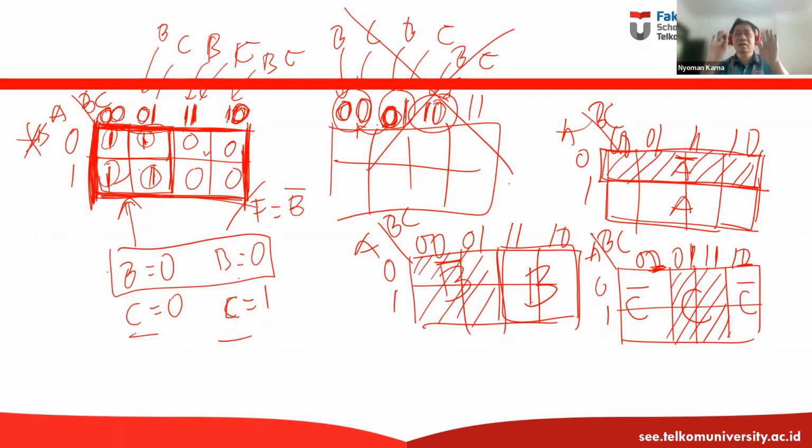So think of it like a globe. So that's why this part or this side is actually the same as this side. So we can have this bigger block as C not.